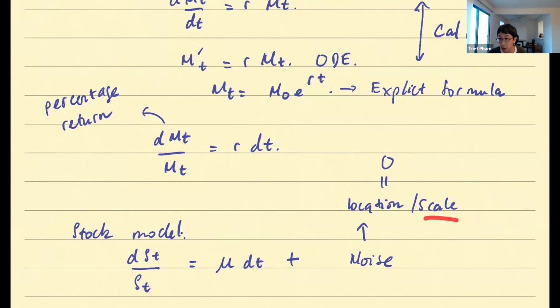What about the variance? Well, there are two parts to the variance. First, the variance should also depend on time. For a short amount of time, you should not suffer so much noise, but for a longer time, you should have more variation in noise. So the scale here should be proportional to dt, the length of time in terms of variance.